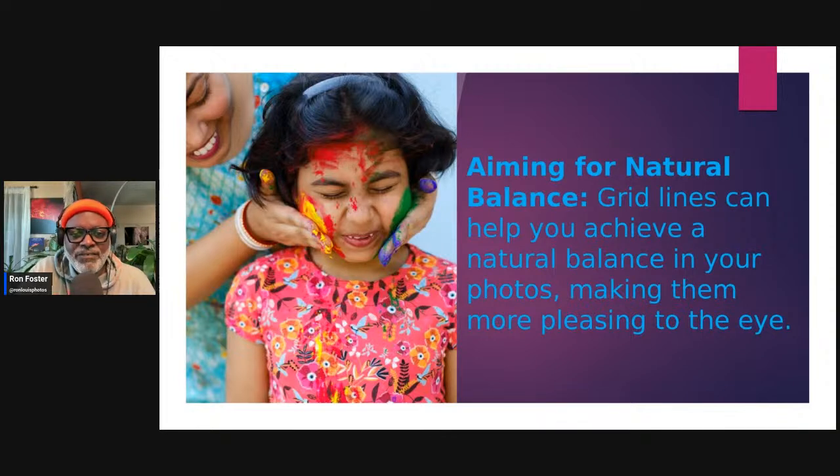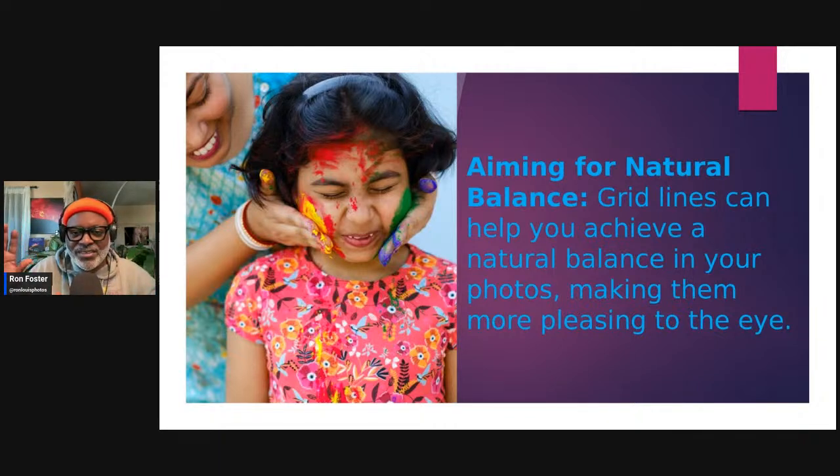Here's another one, aiming for natural balance. Grid lines can help you achieve a natural balance in your photos, making them more pleasing to the eyes. There's something about symmetry. There's something about taking a photo, for instance, of a row of trees and having the trees close to you move away from you and move towards the center as it goes away from you.